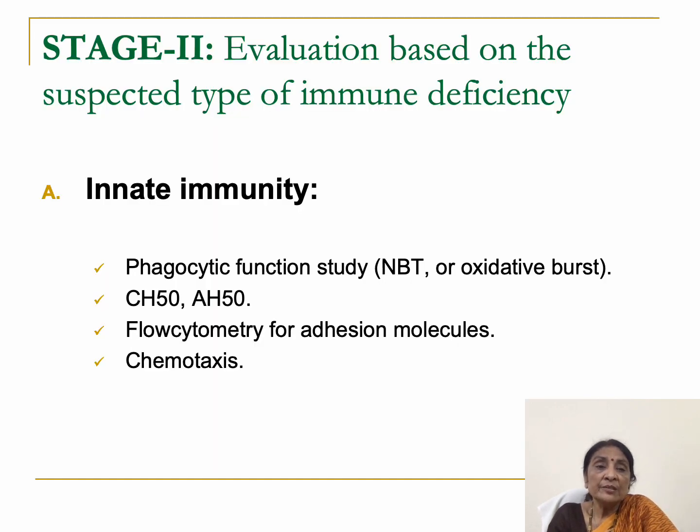Stage 2 evaluation is based on suspected type of immune deficiency. If it's innate, then you do phagocytic function study, NBT or oxidative burst, CH50, AH50 level estimation, flow cytometry for adhesion molecules, and tests for chemotaxis.